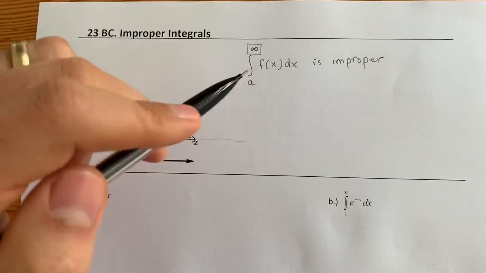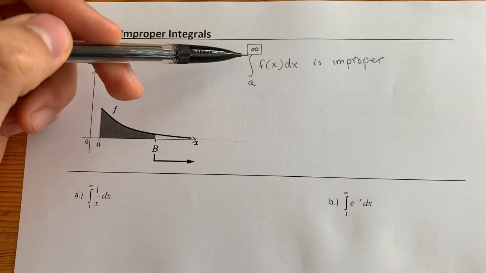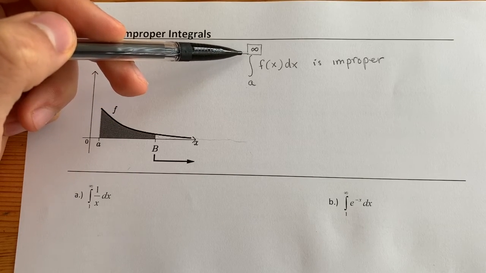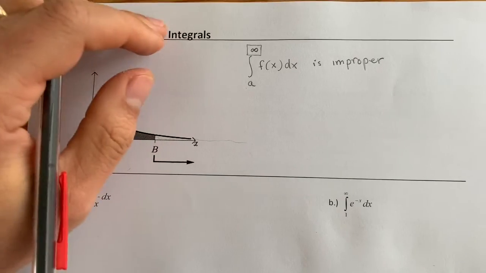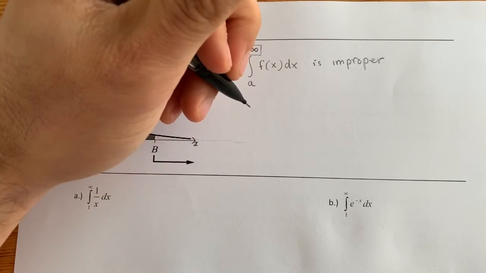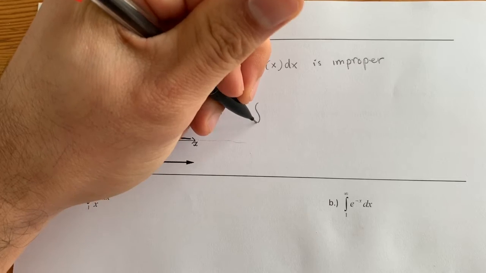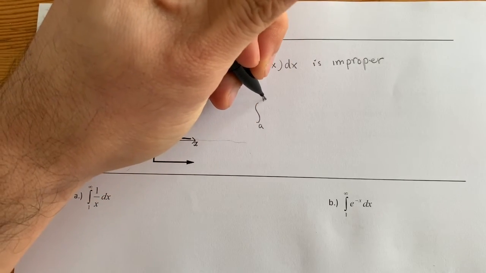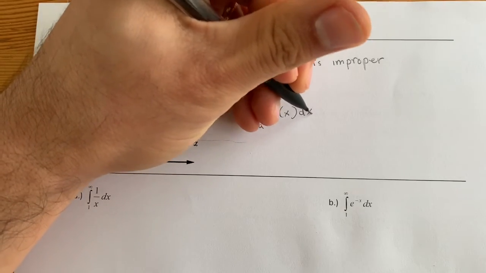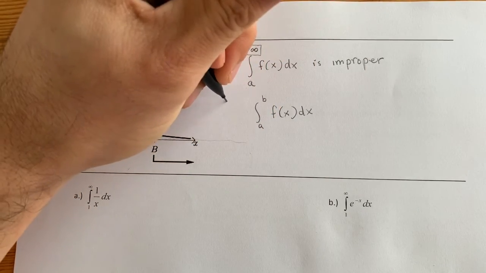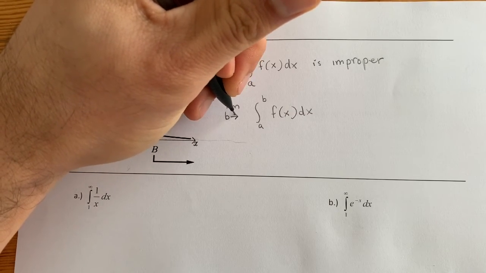Now we could still solve it and do the work on this, but in a free response question on the AP Calculus test, they would not like to see you plug in infinity. So instead, to make it proper, let's put it as a B, from A to B, but to simulate going to infinity for that B value, we can use limits and say that B is approaching infinity.